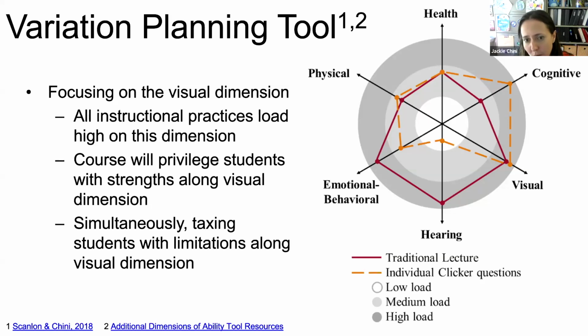So for example, one thing that we see is that focusing on the visual dimension here, all of the instructional practices loaded high on this dimension, both traditional lecture and the red solid line, and individual clicker questions in the long dotted orange line. And what that indicates is this course will privilege students with strengths along the visual dimension and simultaneously tax students with limitations along the visual dimension.